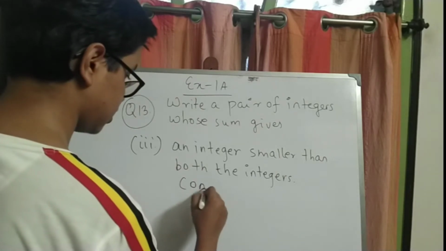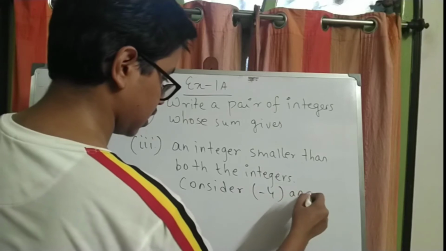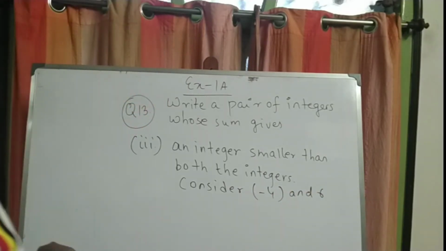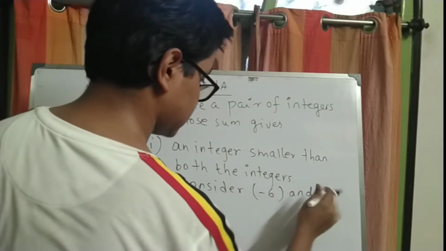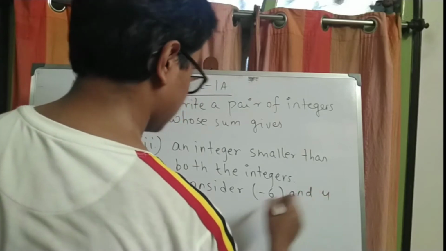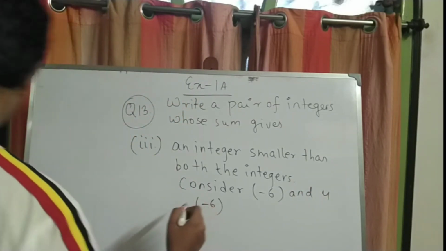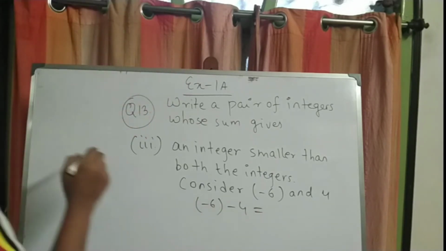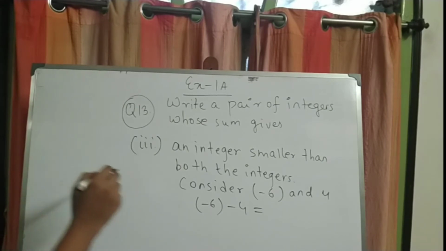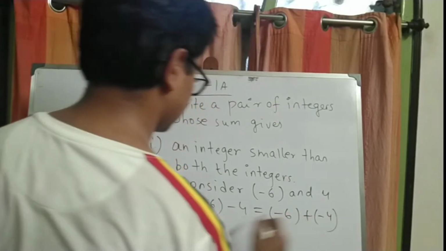If we consider minus 4 and 6, or minus 6 and 4, I will get minus 6 minus 4 is equal to minus 6 plus minus 4.